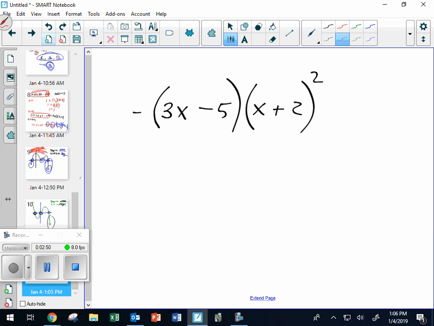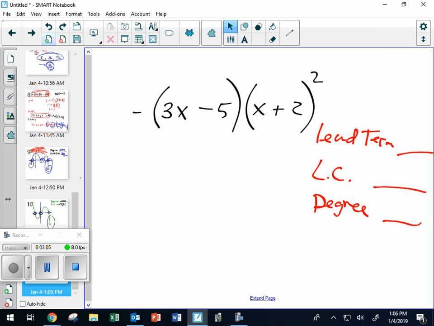What's the lead coefficient and the degree for this one? If you just want to write the lead term, that might help you. Pause for a second. Okay, let's see how you did.